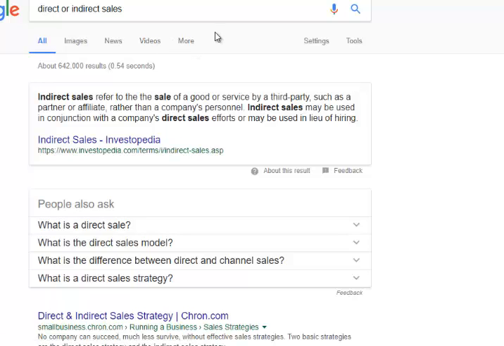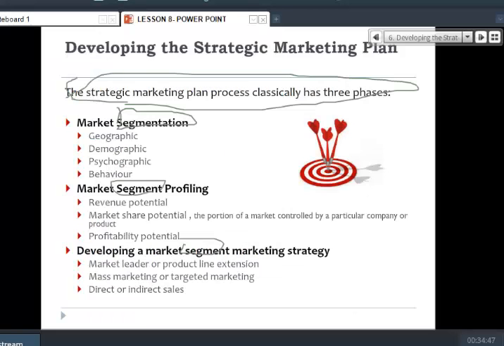So the indirect sale could be in conjunction with the company's direct sales efforts, or, as we told you, hiring a third party that sells your product, rather than the company's personal efforts.